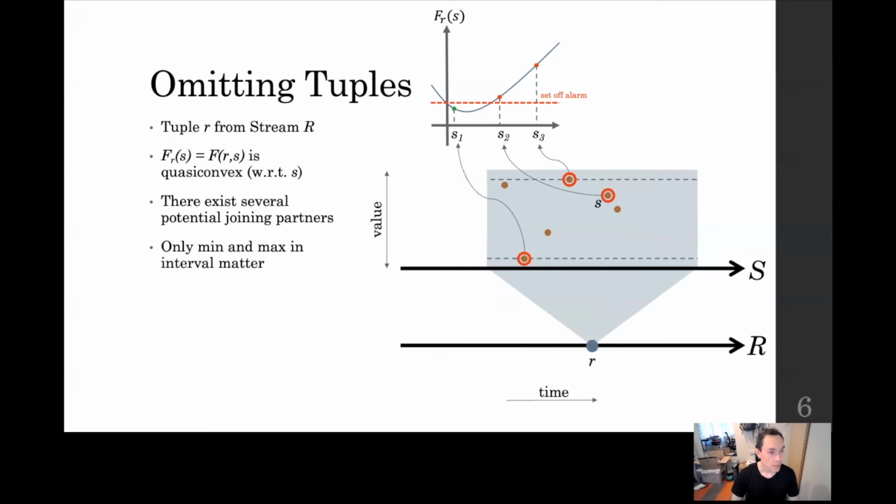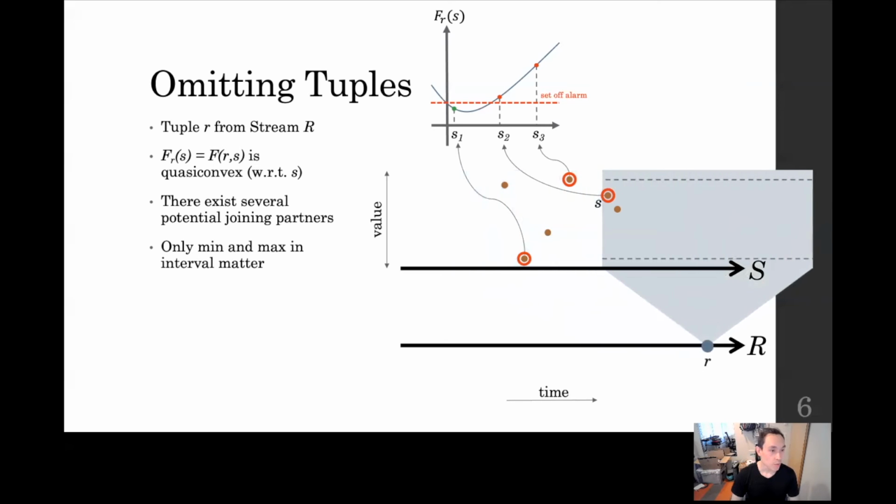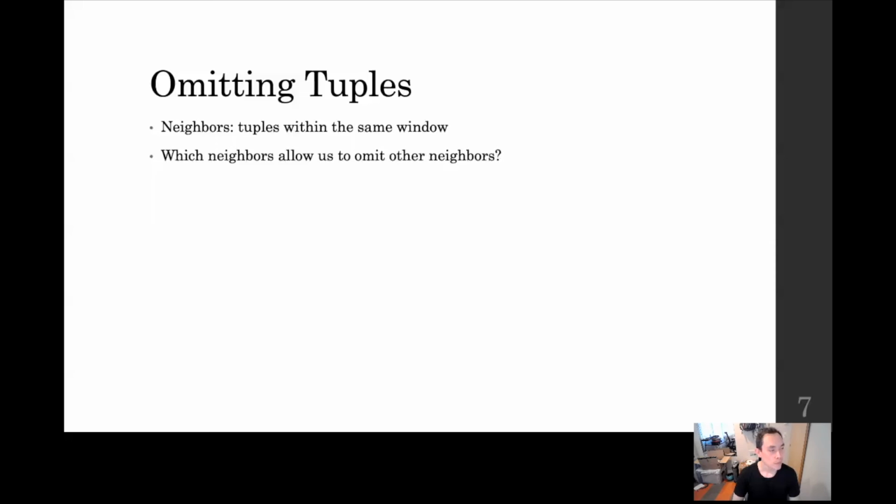In fact, it might have slid over here, in which case stream S would actually need to hold on to little s. Despite this complication, we have the intuition that the existence of certain neighbors, tuples within the same time window, could allow us to omit other tuples.